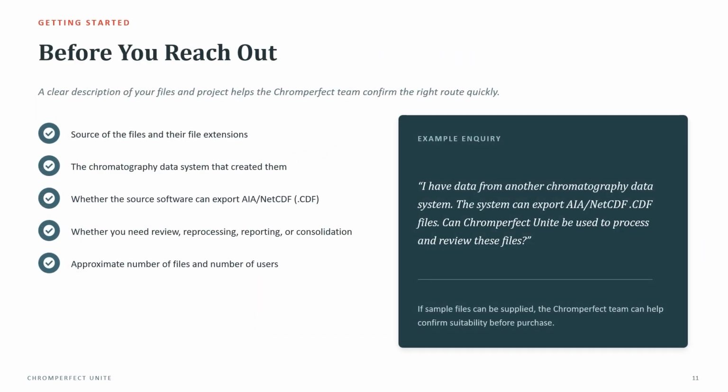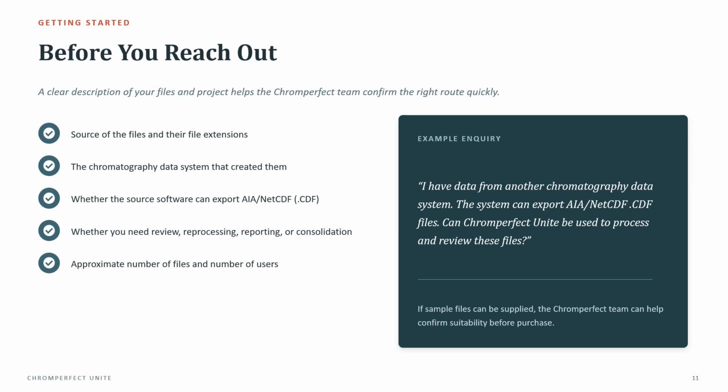Before you reach out, if you're considering Chromperfect Unite for your lab, a little preparation goes a long way. Gather the source of your files and their extensions. Which chromatography data system created them? Whether that system can export AIA or NetCDF, whether your need is review, reprocessing, reporting, or consolidation, and roughly how many files and users are involved.